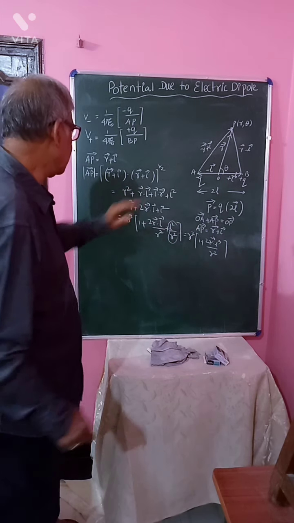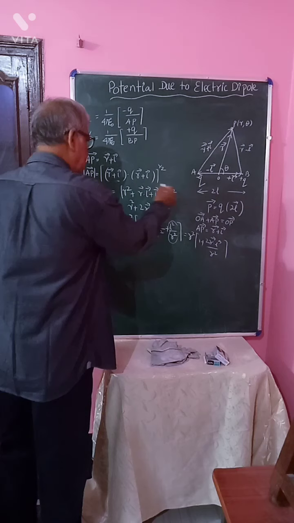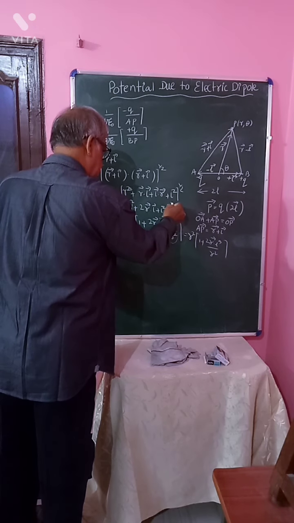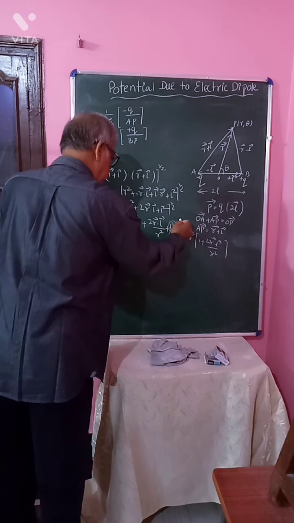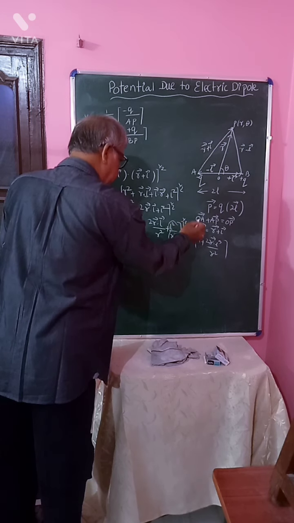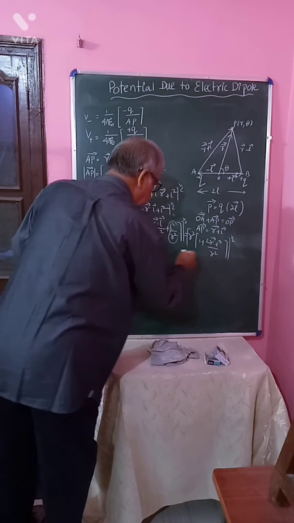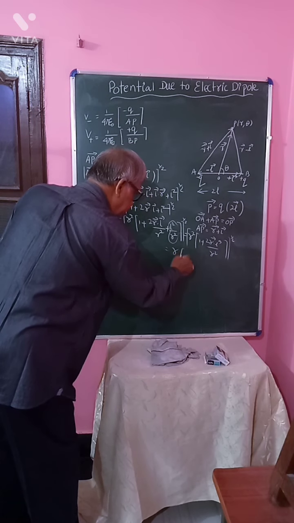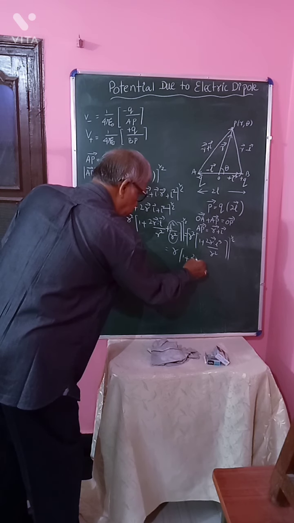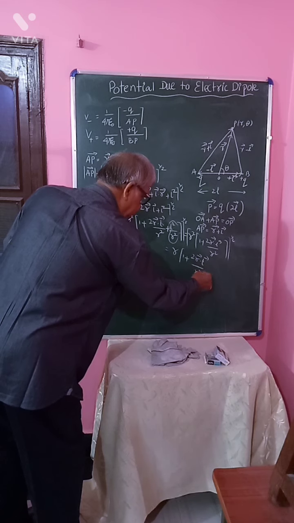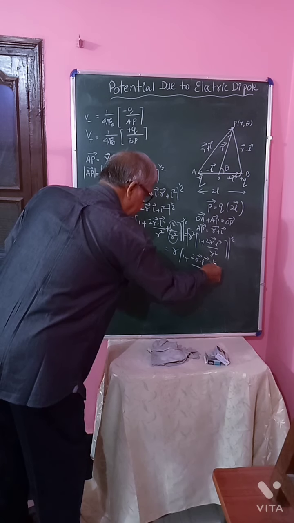Since we take the square root to find the magnitude, it is equal to r times 1 plus 2 r dot L by r square, to the power half.